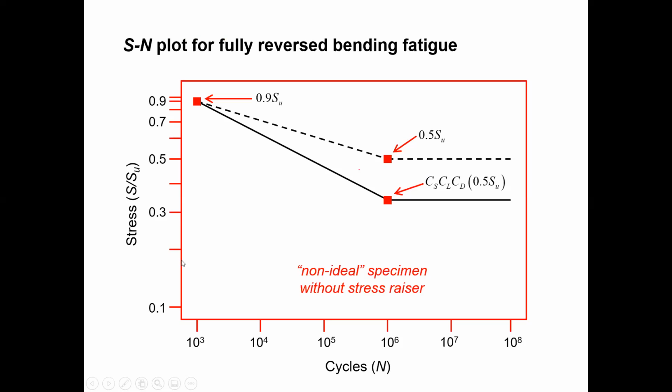The y-axis is fatigue strength. This is normalized strength because we divide by SU. Fatigue strength will reduce with the number of cycles. If it can survive that stress until 10 to the power 6 cycle, it will survive to infinite fatigue life.